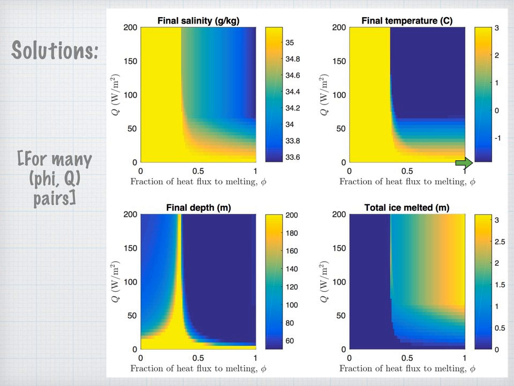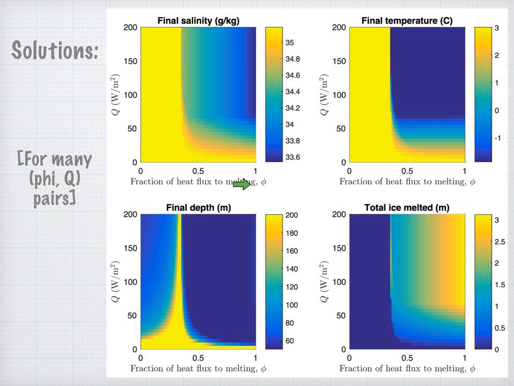You melt ice, the salinity lowers, and you're melting, say, between 2 and 3 meters of ice in total. And then the calculation stops when you hit the freezing point. And in that particular case, what you find is that the depth of the layer does not change very much. So it starts off nominally at 50 meters, and it doesn't change its depth very much.